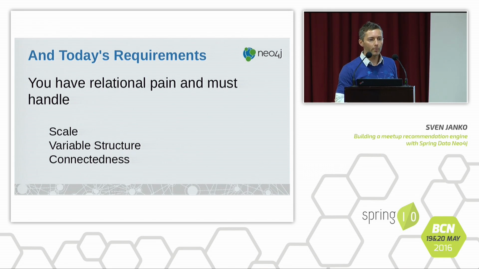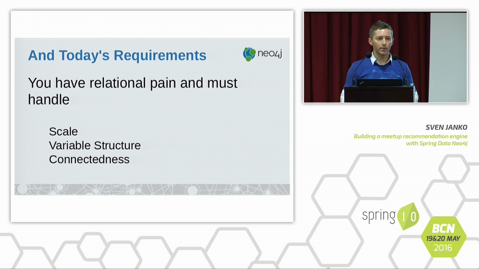So if we think about the requirements that we are usually faced with today, first, of course, I want to scale my application, and I want to have variable structures, so I want flexibility in my data model. That's what I just talked about with the schema-less approach. And of course, we always want to have connected data.